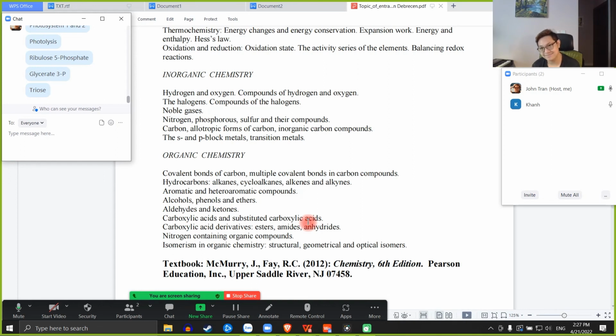Sigma bonds are much stronger than pi bonds, because sigma bonds are the real bonds. However, double and triple bonds have both pi and sigma bonds, so they are still closer and stronger than single bonds.